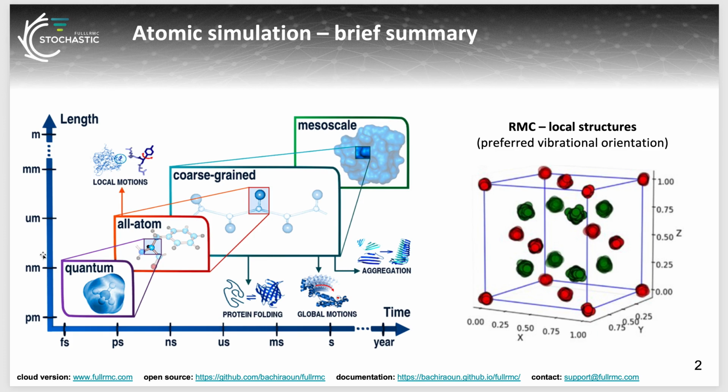On the other hand, when we start thinking about reverse Monte Carlo, and that's what I'm showing here to the right, reverse Monte Carlo simulation is an all-atom technique that attempts to solve the structure of materials and not worry much about the atomic dynamics at all.